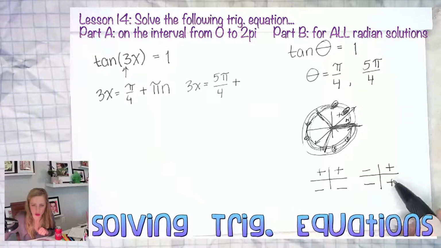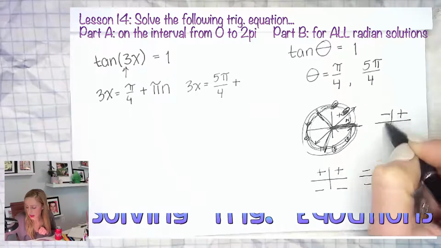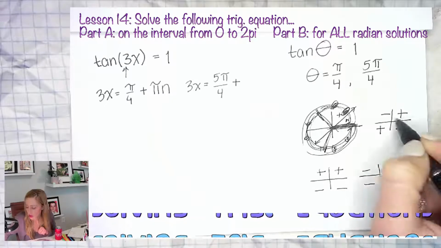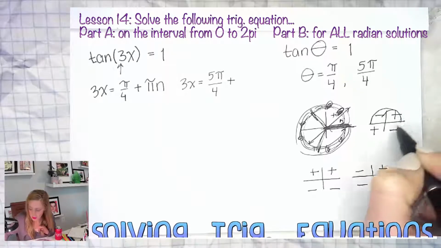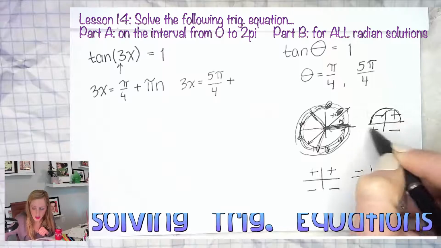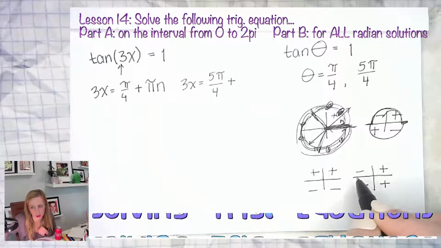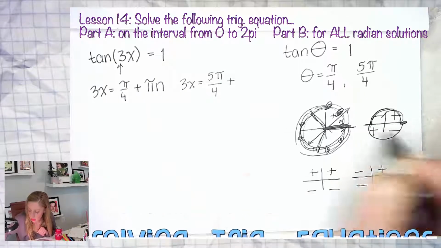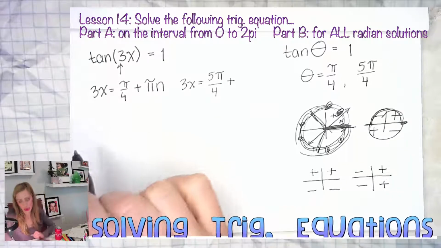It takes a full circle to repeat. Tangent and cotangent, positive, negative, positive, negative. So it's not just because of the signs. It's a little bit more complicated than that, but in a nutshell, it takes pi in length as an angle for us to see the same pattern of tangent repeat itself. So you can go shorter and just put plus pi n whenever you're doing tangent or cotangent, okay?